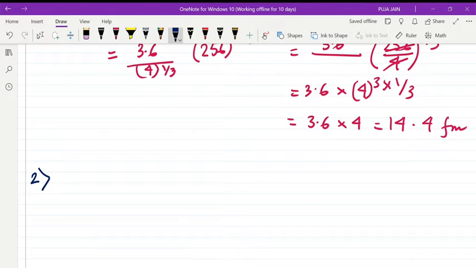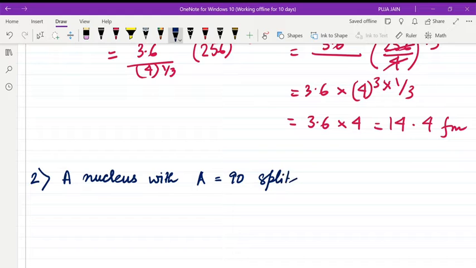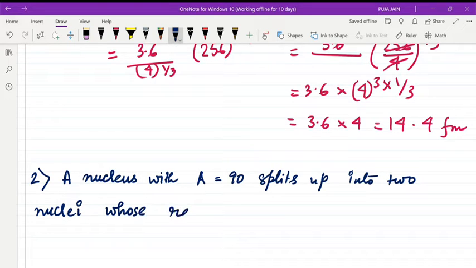Question number 2, a nucleus with A equals to 90 splits up into two nuclei whose radii are in the ratio 1:2.